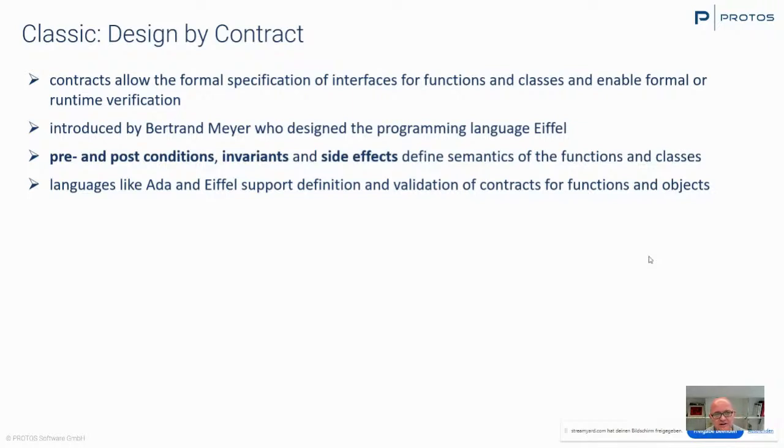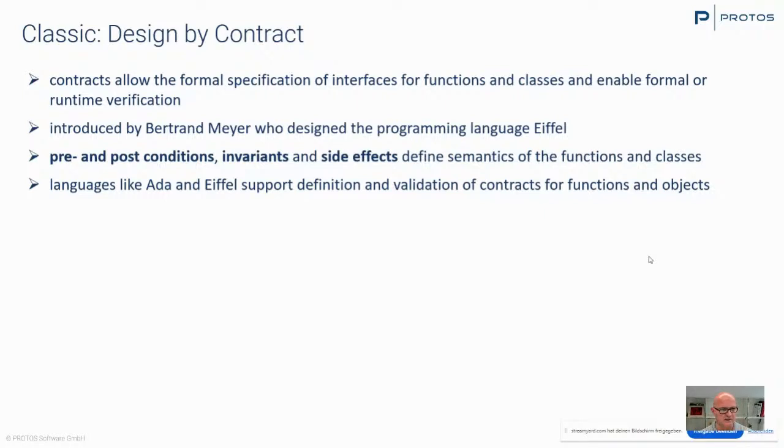The contract allows the formal specification of an interface for functions and classes, and enables formal verification during design time, or runtime verification during execution, while the program is executed. The idea is to define pre and post conditions for every call, for example, invariants and side effects that then define the semantics of the functions and classes.